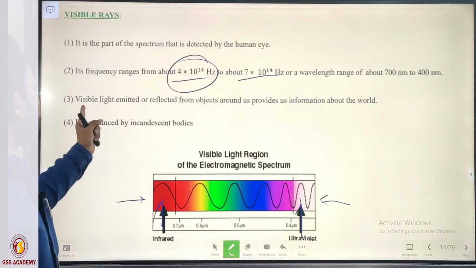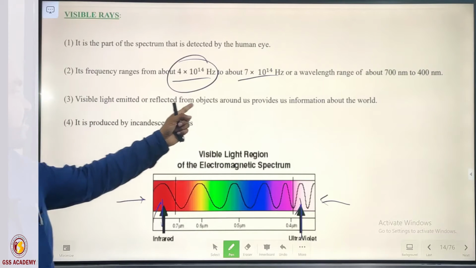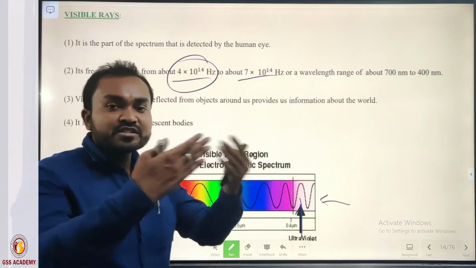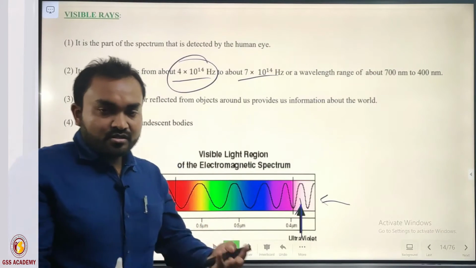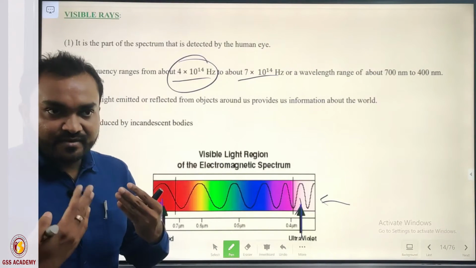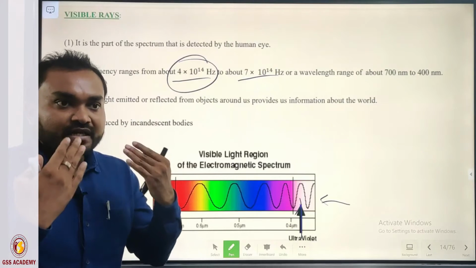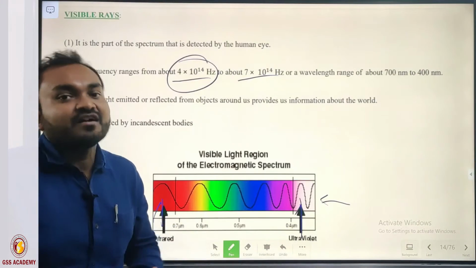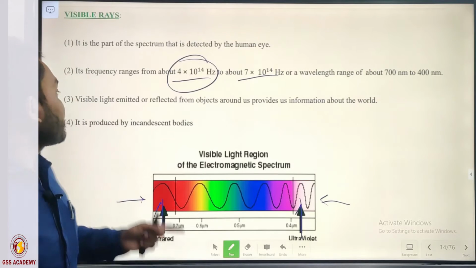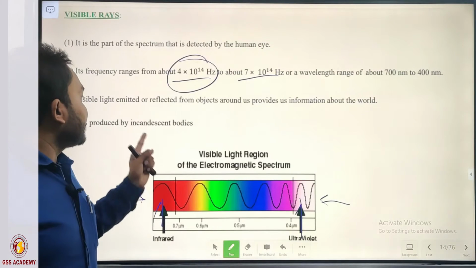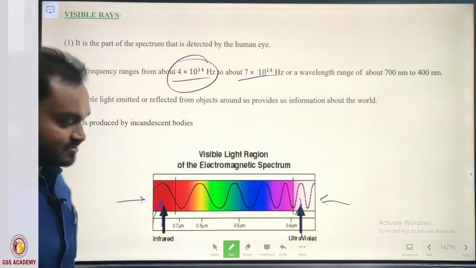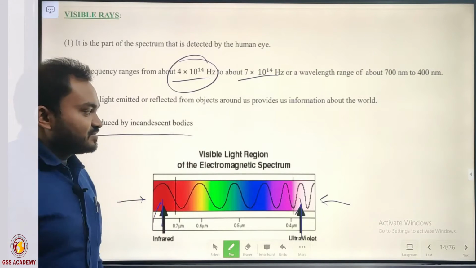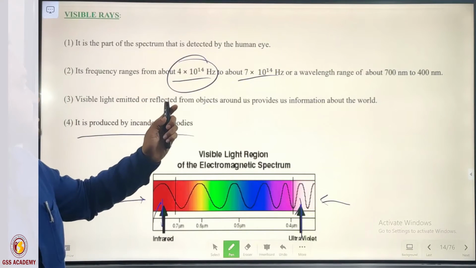Okay, visible light emitted or reflected from objects around us provides us information about the world. The light that is reflected and comes into our eye, that we can sense, we can see, we can observe this world. Okay, it is produced by incandescent bodies. So this is the visible range.